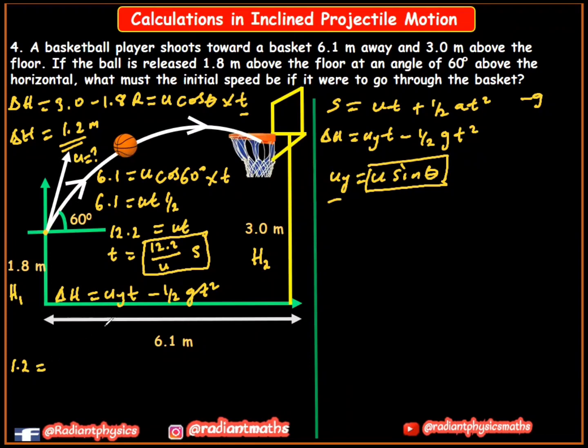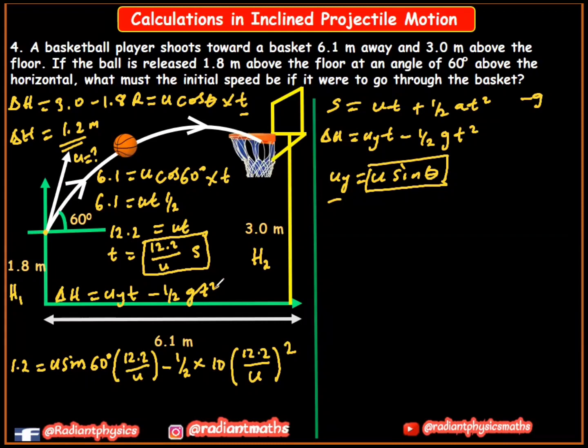So we are going to say u sine theta, which is u sine 60 degrees, times time taken. Remember, we found the time to be 12.2 divided by u, then minus 1/2 times the value of g, which is 10, times the time again, t squared. Again, we write 12.2 over u, everything is squared.